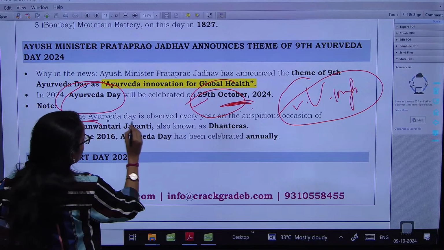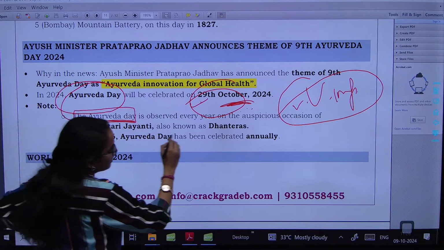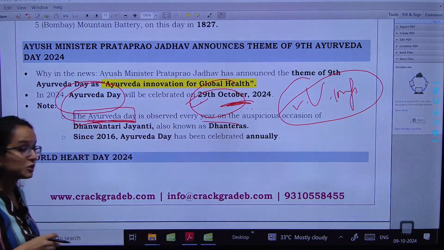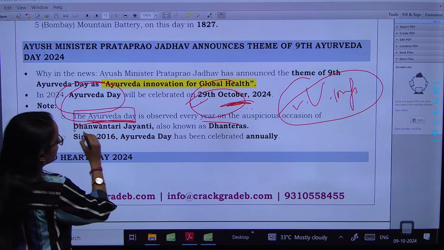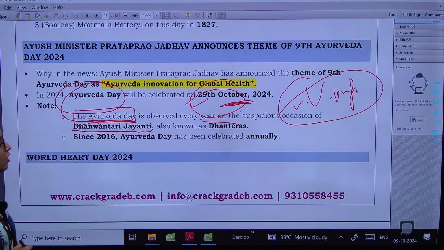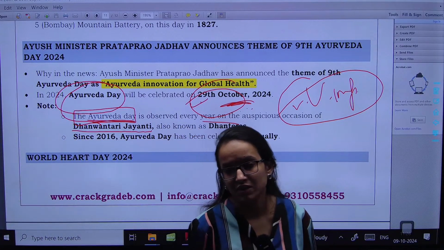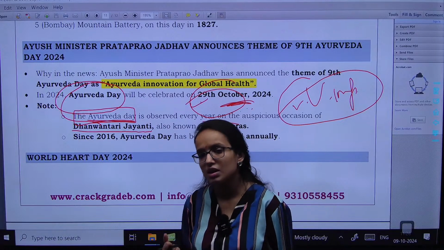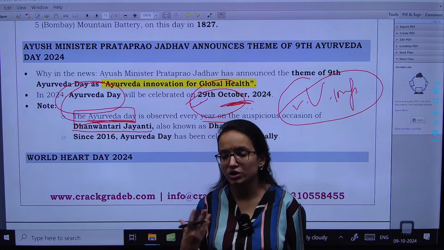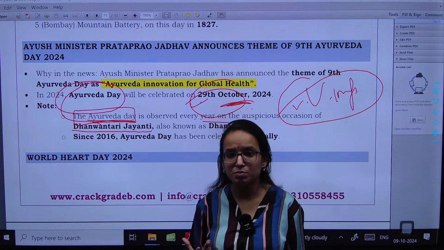Now, why 29th October? Because this Ayurveda Day is observed every year on the auspicious occasion of Dhanvantri Jayanti, or the Dhanteras as we call it. You all know Dhanteras is a very auspicious day when you purchase precious things, and it is assumed according to mythology that it brings prosperity, right?